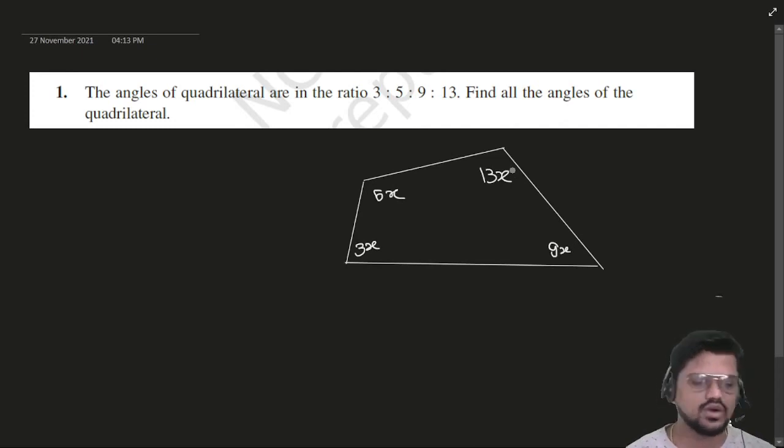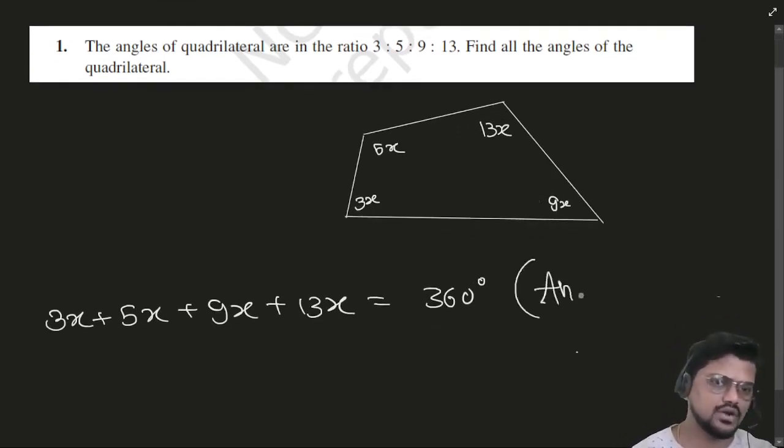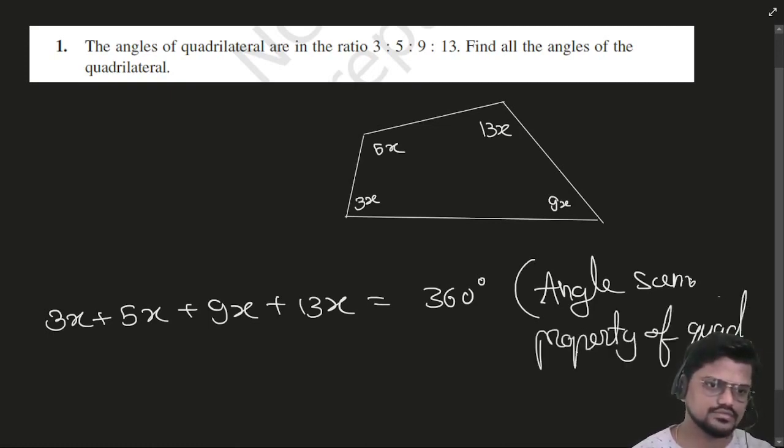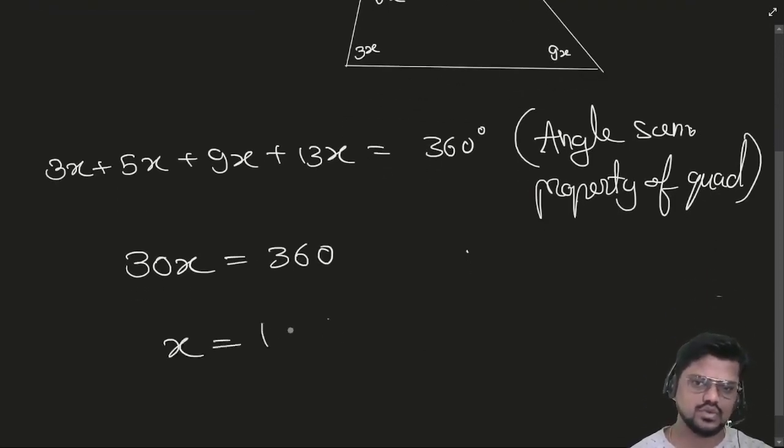The sum of all angles in the quadrilateral will be 360 degrees. So by the angle sum property of a quadrilateral, 3x plus 5x plus 9x plus 13x equals 360 degrees. Adding, 3 plus 5 is 8, 8 plus 9 is 17, 17 plus 13 is 30. So 30x equals 360, so x will be equal to 12.